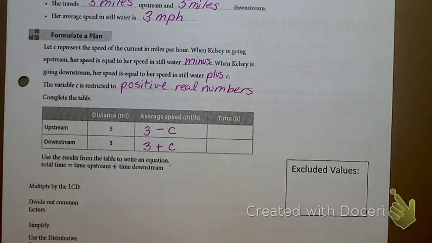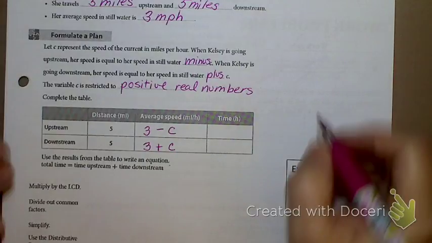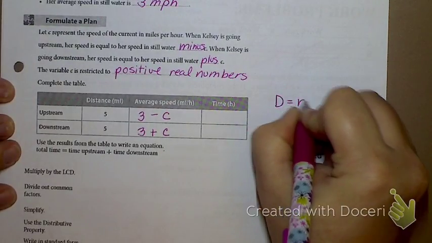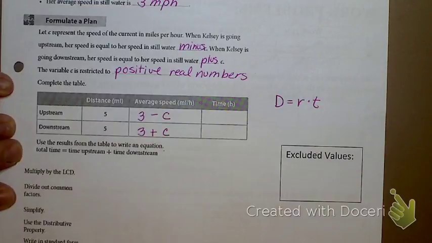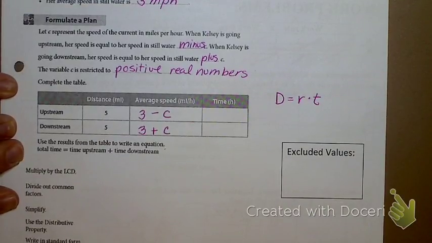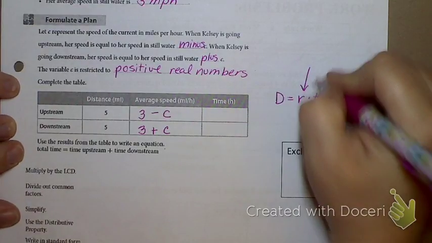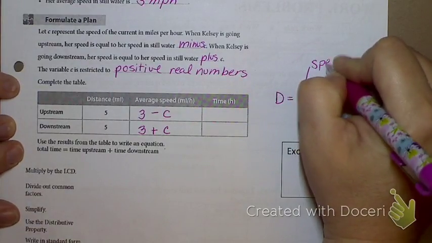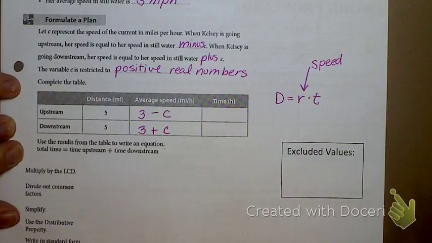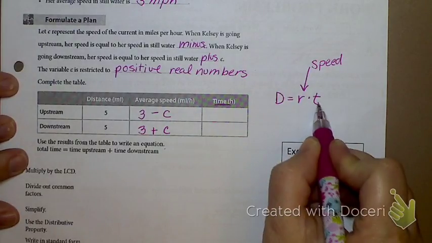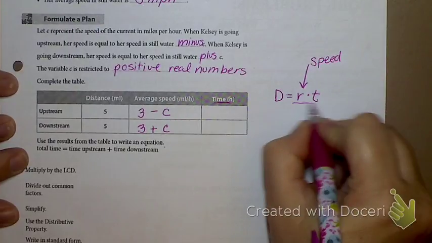Her time. Let me introduce you to a formula. You ever seen that formula before? Distance equals rate times time. Well, another word for rate is speed. So if I'm trying to find the time, let's get the time by itself over here. Wouldn't I divide by r?